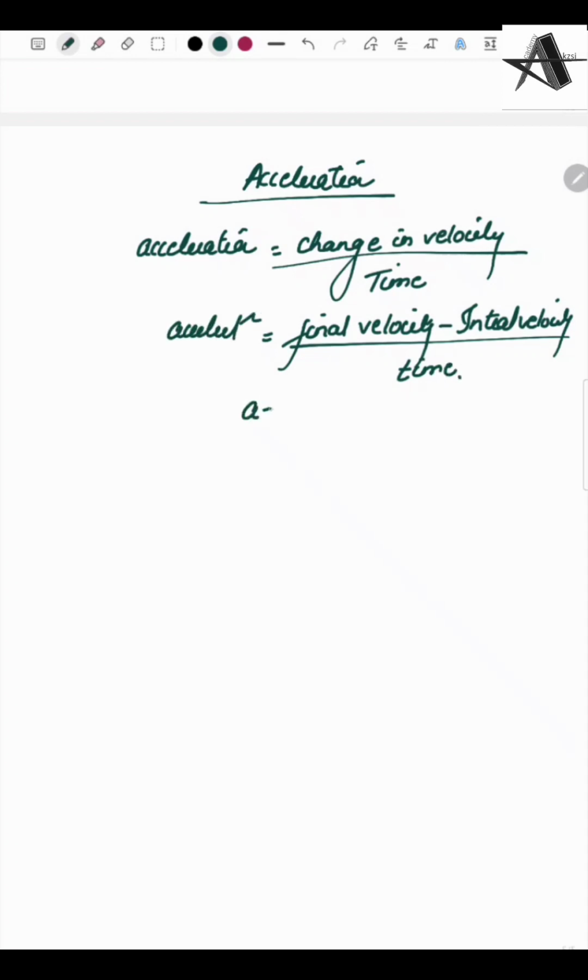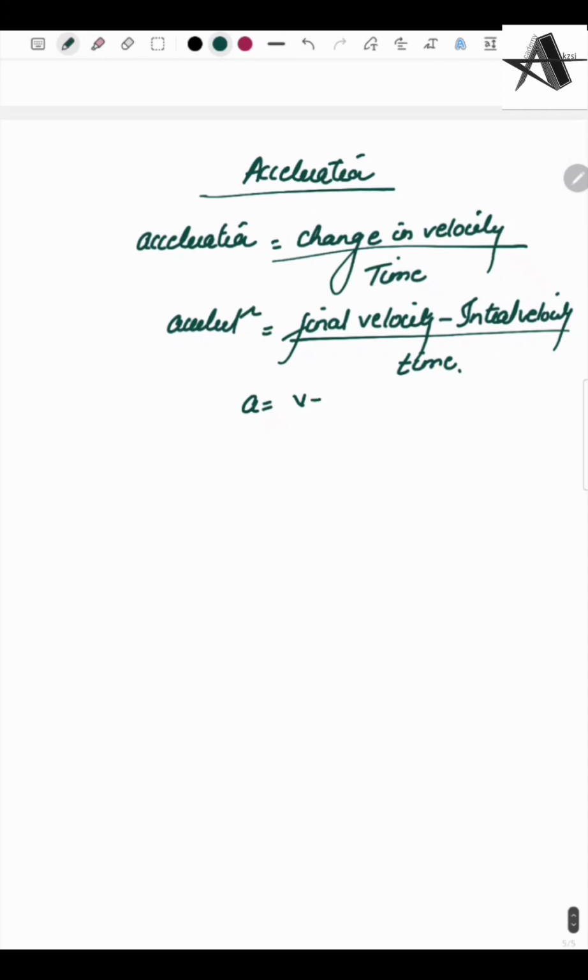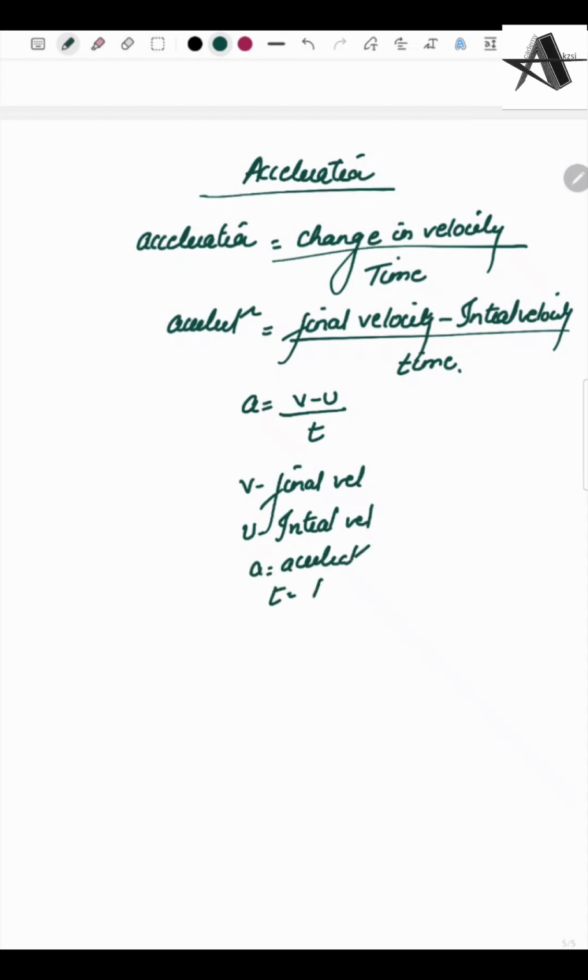Acceleration is represented with a, final velocity is represented with v, initial velocity is u, and t, as we all know, is time. Always remember: v is final velocity, u is initial velocity, a is acceleration, and t is time.